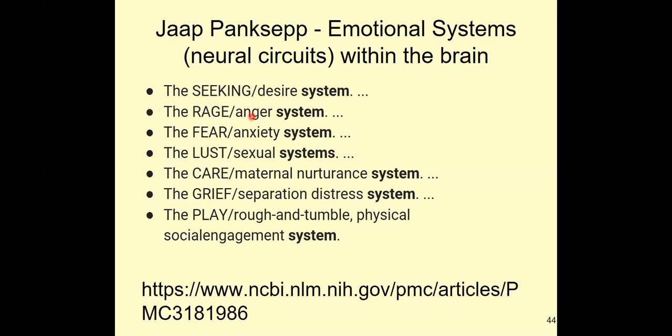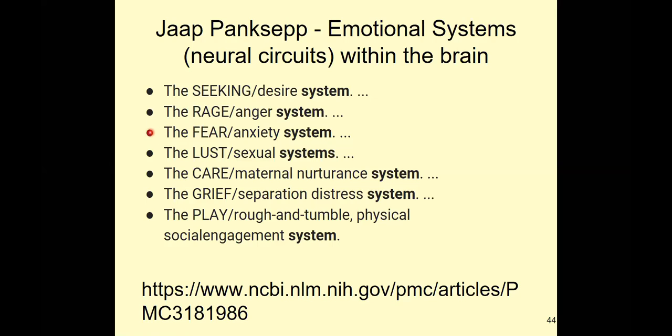Then the rage anger system, and that's kind of self-explanatory. So anger, anywhere from mild irritation to total outright rage. This, as we saw earlier, would involve the amygdala as well as other brain structures. And then we have the fear and anxiety system as well.